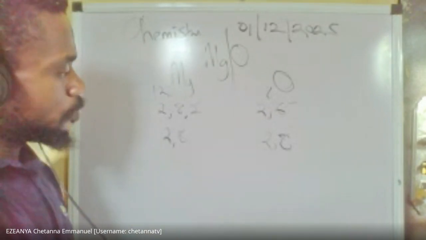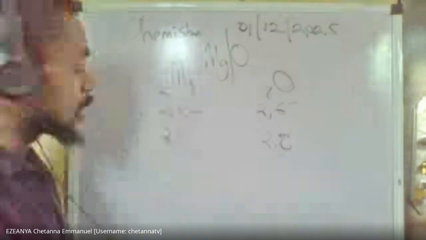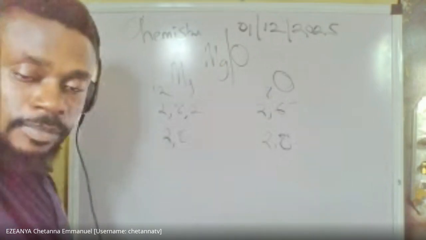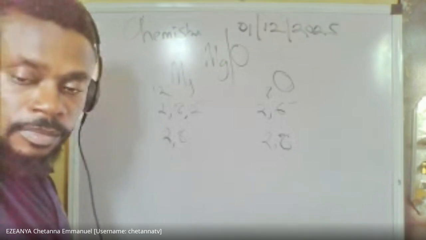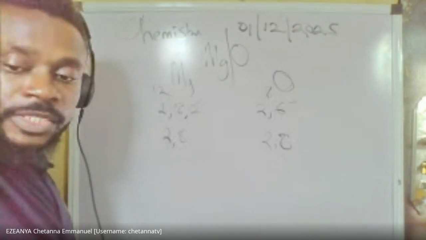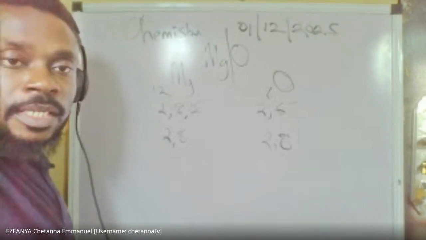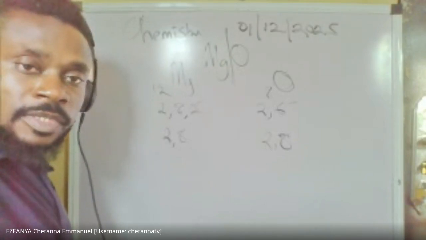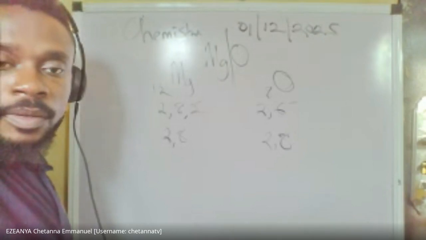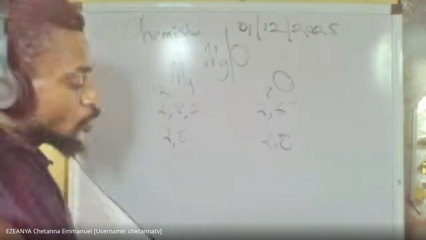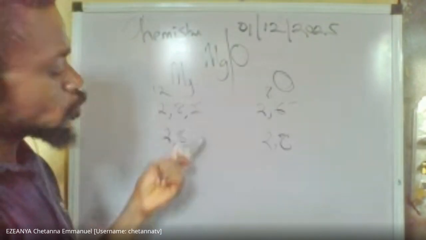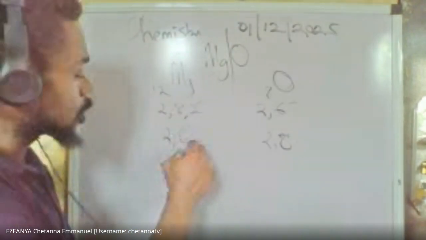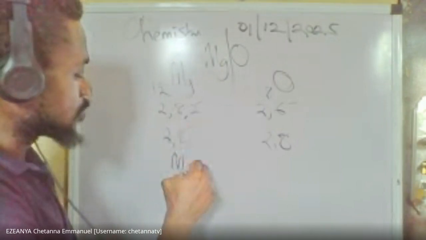Once magnesium loses electrons, it becomes magnesium ion, positively charged because the number of protons is more than the number of electrons. This is magnesium ion.